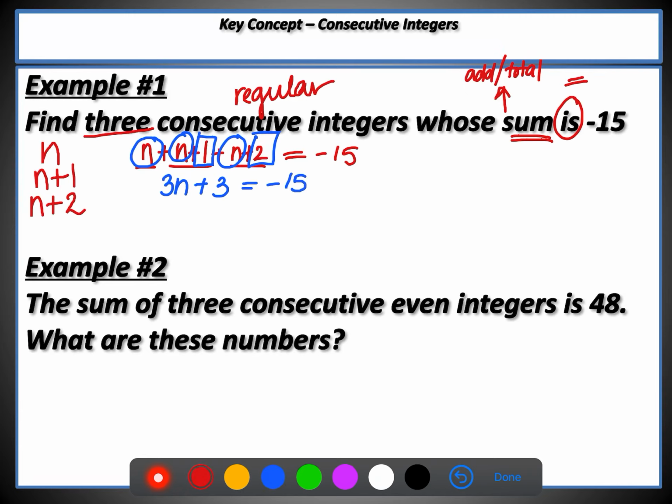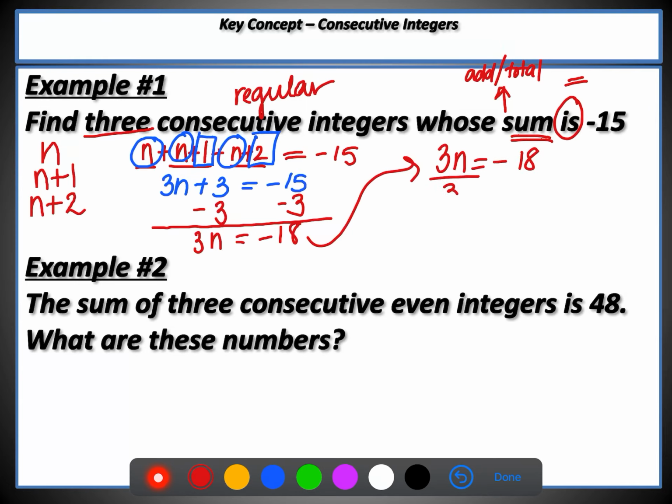All right, so we can solve this now. So subtract 3. What do we have? -6.